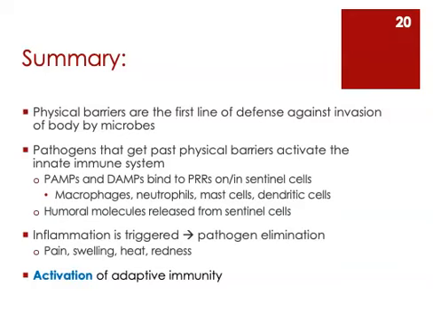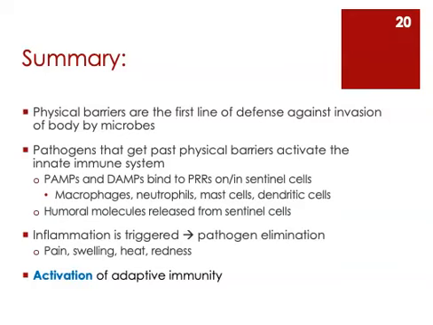Our sentinel cells include macrophages and neutrophils, mast cells, and dendritic cells. When the PAMPs and DAMPs bind to PRRs on these cells, inflammation is going to be activated.